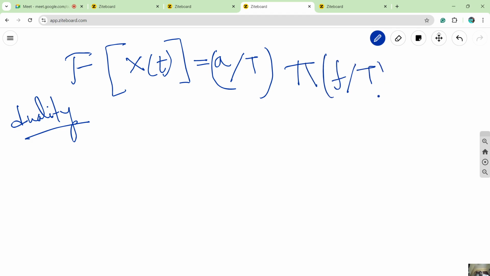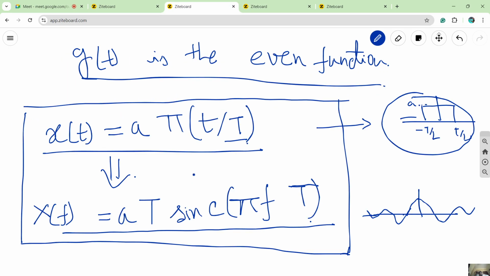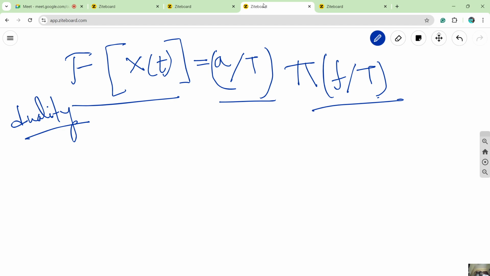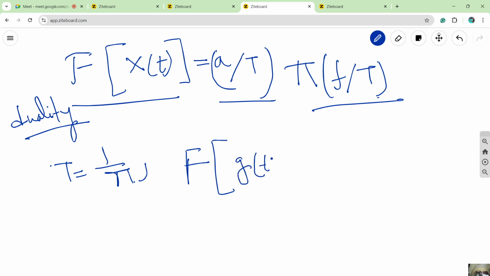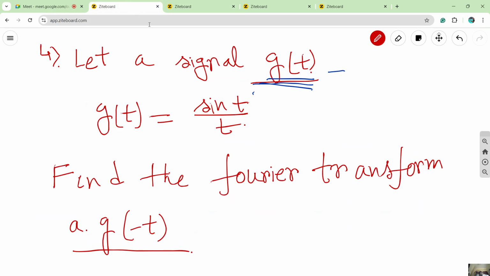From the duality property, from this equation, we use the duality here. Now substitute T is equal to 1 by pi. And now, instead of x(t), we just put here g(t), because g(t) is the sinc here. You can see this is a sinc function.